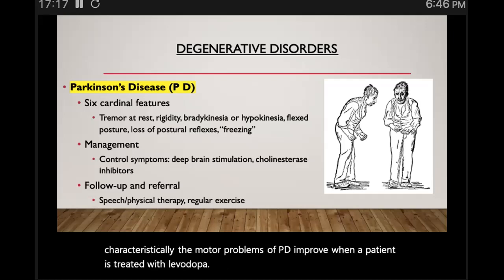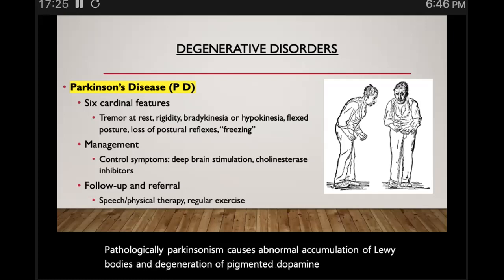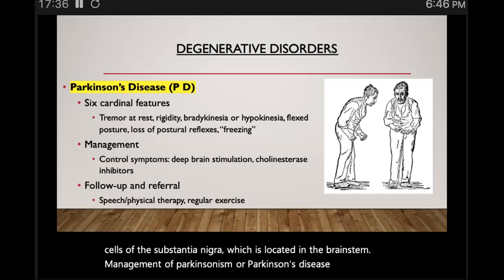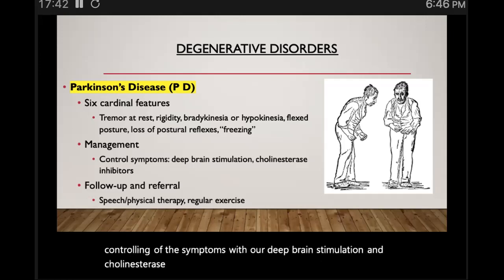Pathologically, Parkinsonism causes abnormal accumulation of Lewy bodies and degeneration of pigmented dopaminergic cells of the substantia nigra, which is located in the brainstem. Management of Parkinson's disease includes controlling the symptoms with medication, deep brain stimulation, and cholinesterase inhibitors.